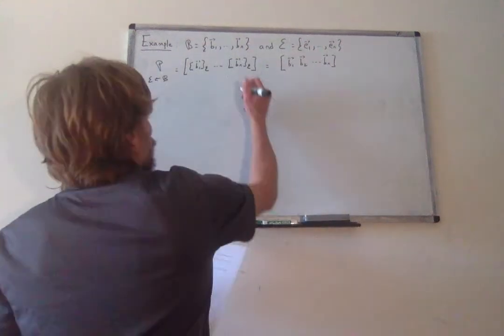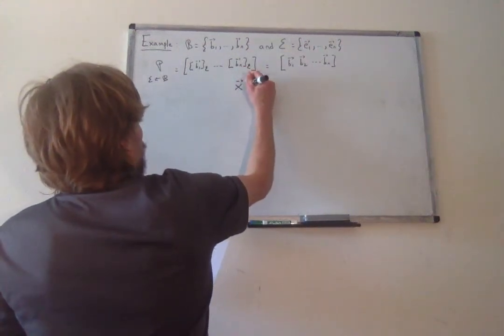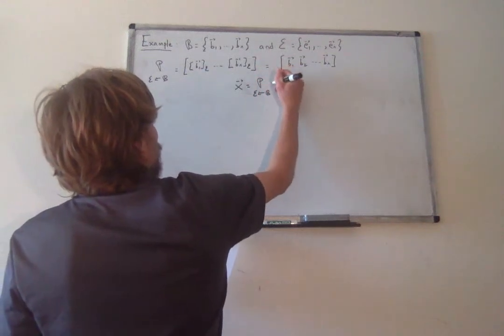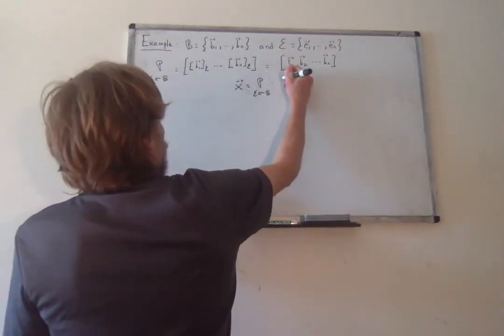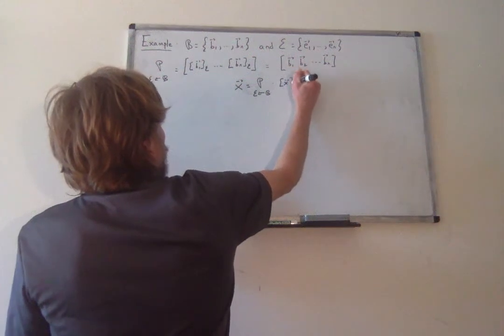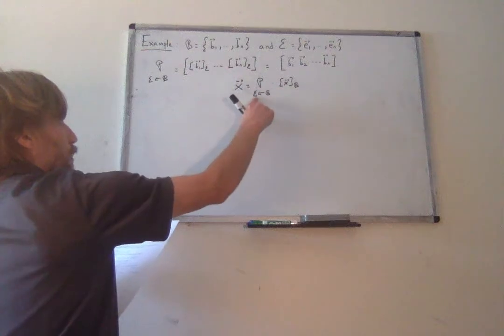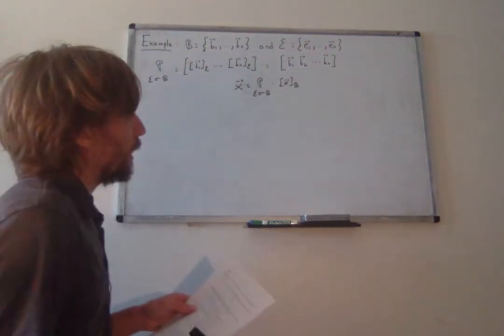And remember, this is because this matrix here should satisfy that for any vector x, I can get the actual vector x by multiplying P from B to E times the B representation of x, right?